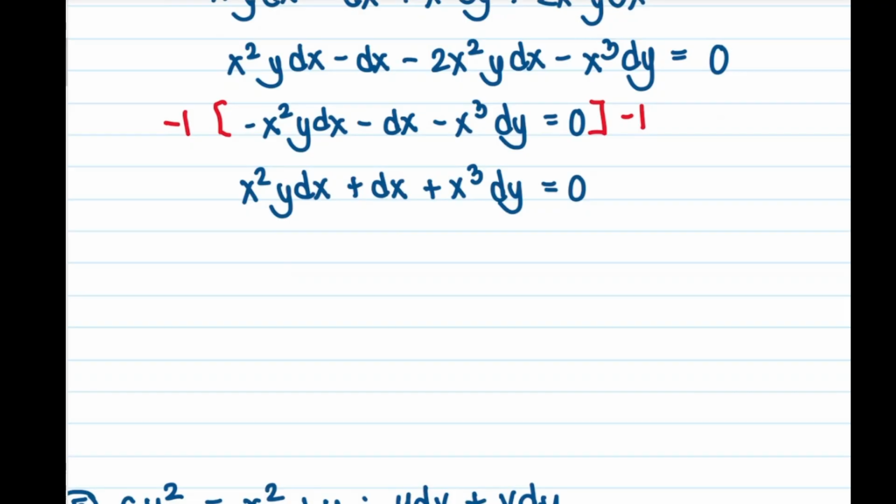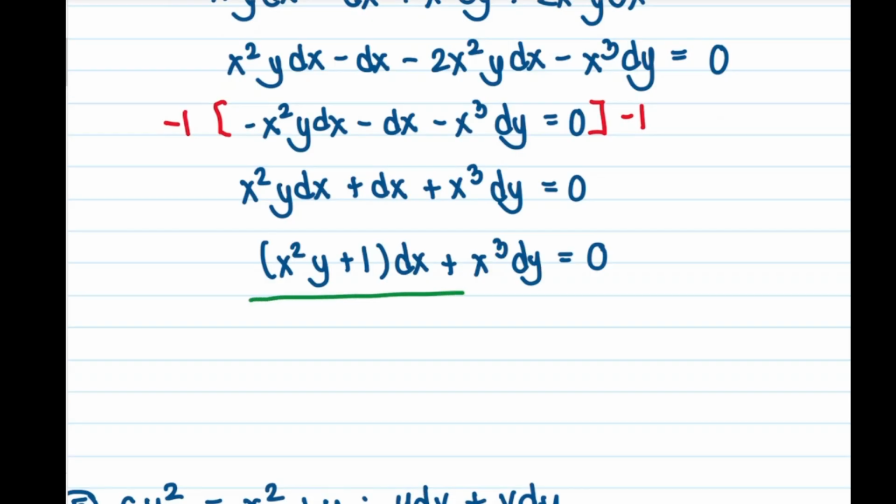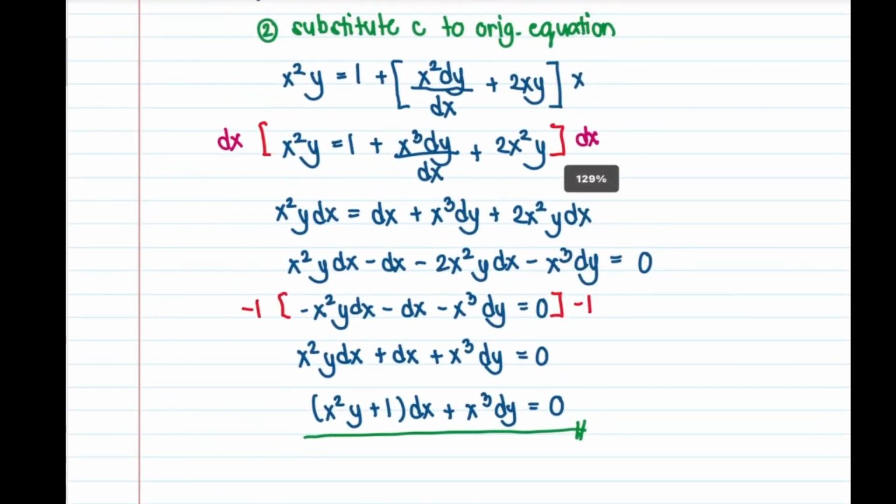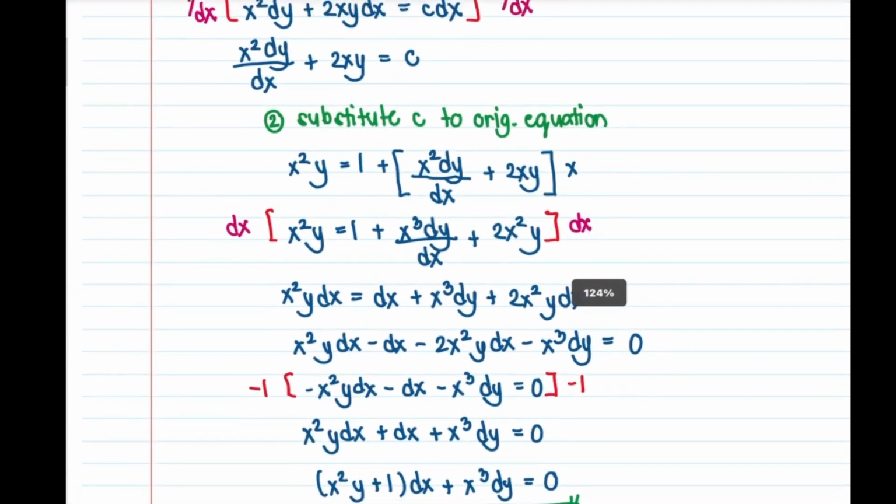We can simplify this further by this format: x squared y plus 1 dx plus x cubed dy equals 0. So this one will be your final answer.